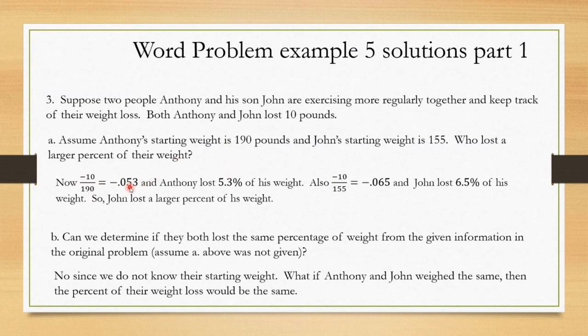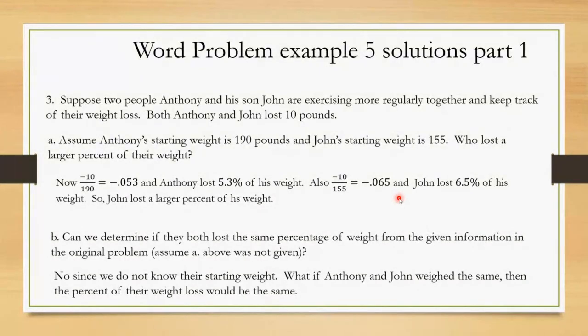Okay. So basically from here, Anthony lost 5.3% of his weight. John lost 6.5% of his weight. So John lost a larger percentage of his weight. I mean, they both lost 10 pounds, but John lost a bigger percent.